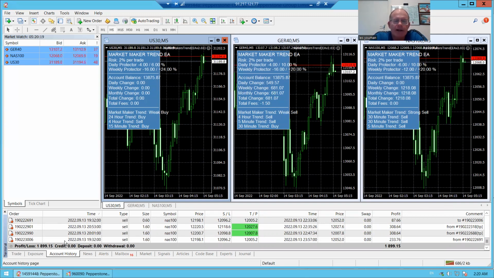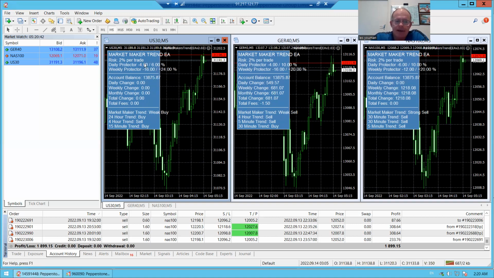This software, like pretty much every software I've used, does have its ups and its downs. It does have days and weeks where you lose. It has different protectors. This one specifically won't let me lose more than 4% a day, and it won't let me make more than 6% a day.